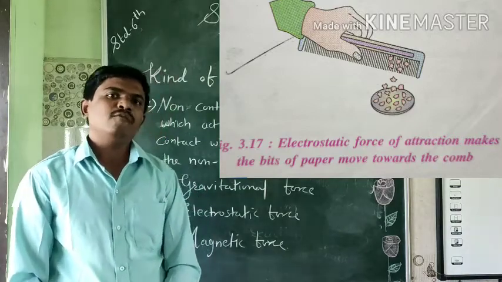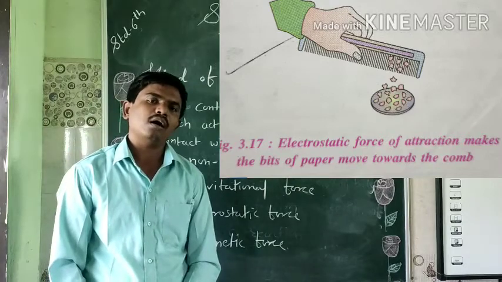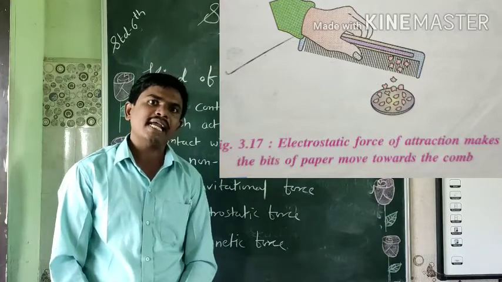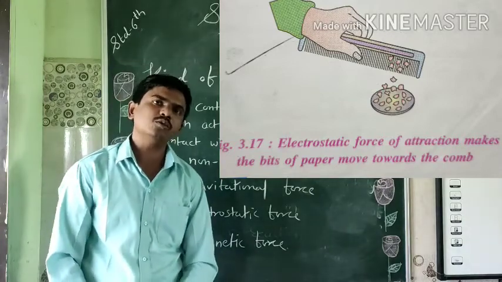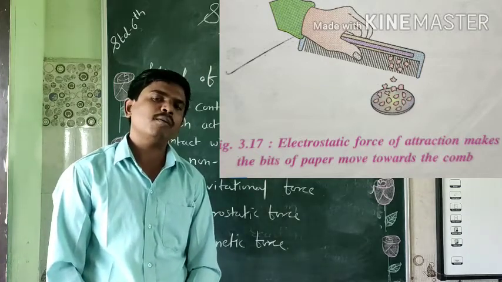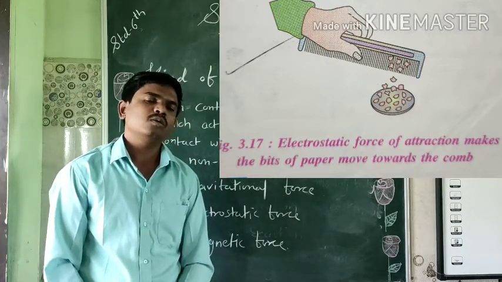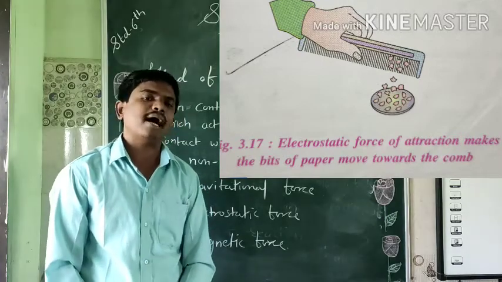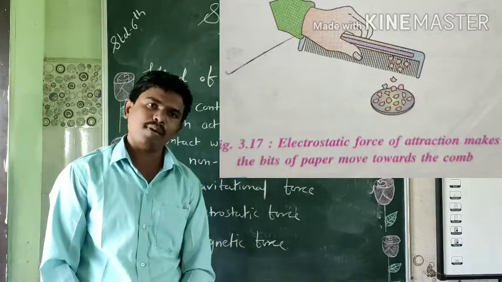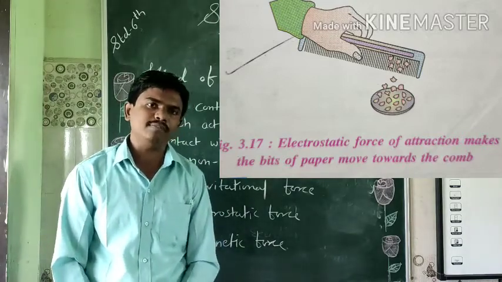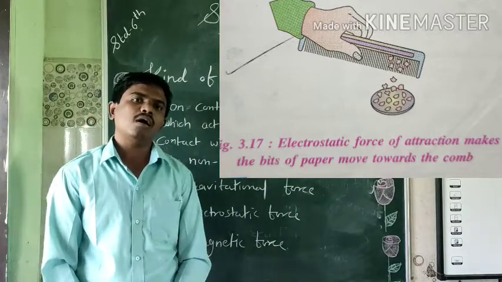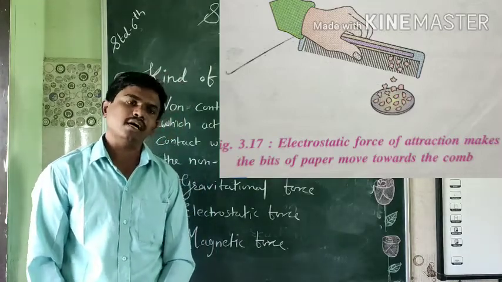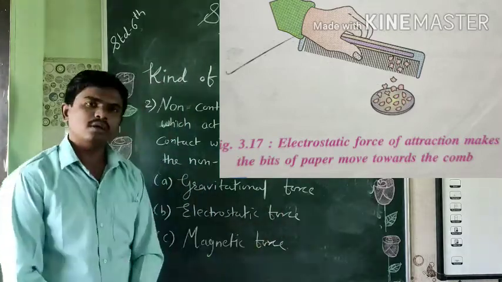For example, when we rub a comb or a plastic pen with dry hair, they get charged, and when it comes near the bits of paper or small particles of paper, the comb or plastic pen attracts the small particles of paper. The force acting between the comb and small particles of paper is an electrostatic force.